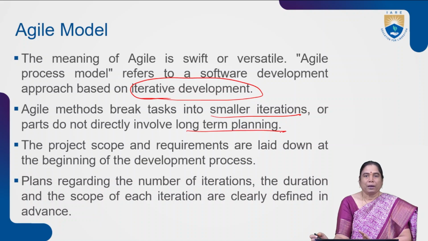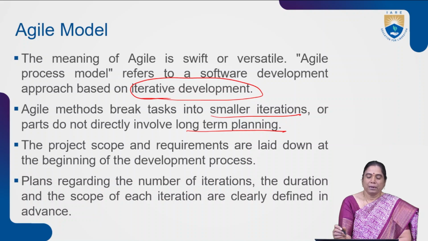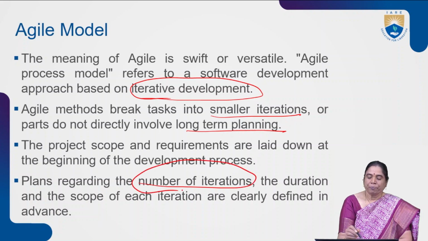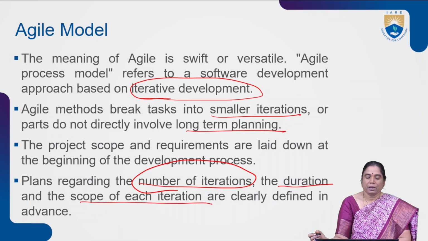The part that is produced in an iteration is generally referred to as a sprint, which can be developed within a short span of time. The project scope and requirements are laid down at the beginning of the development process. So, plans according to the number of iterations, the duration, and the scope of each iteration are clearly defined in advance.